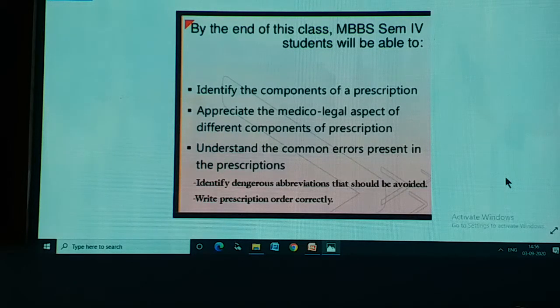The learning objective is, by the end of this class, MBBS semester 4 students will be able to identify the components of a prescription, appreciate the medico-legal aspect of different components of prescription, understand the common errors present in the prescription. Next, identify dangerous abbreviations that should be avoided, and write prescription order correctly.